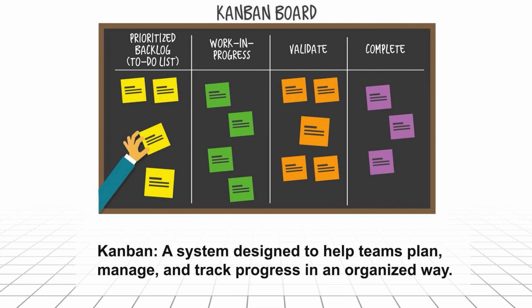Kanban is a system designed to help teams plan, manage, and track progress in a more streamlined and organized way. Now, here are 5 key benefits of Kanban for the project manager if it is used the right way.